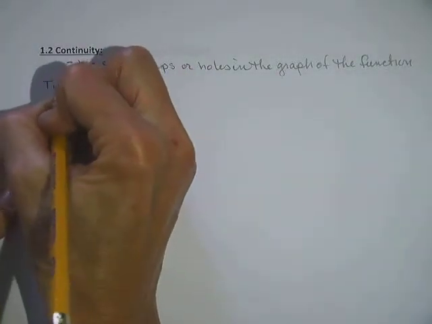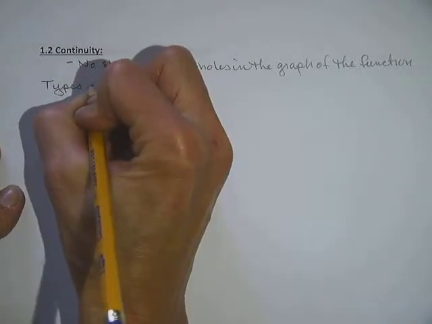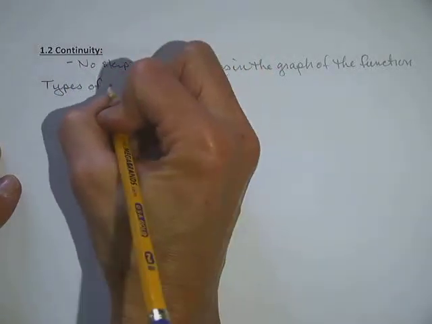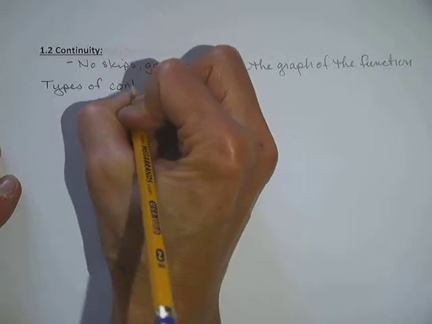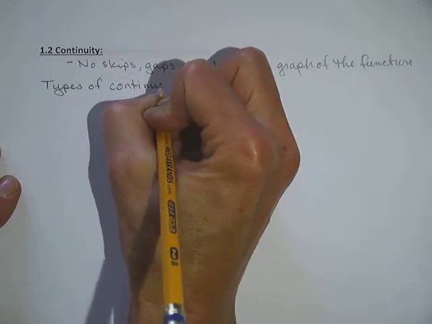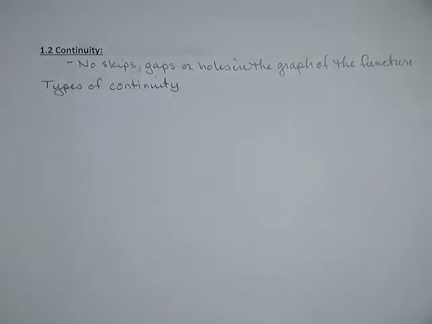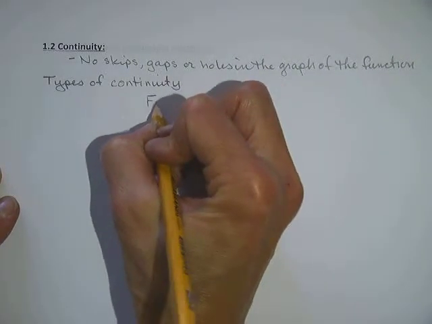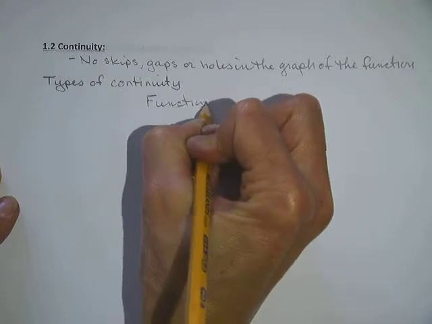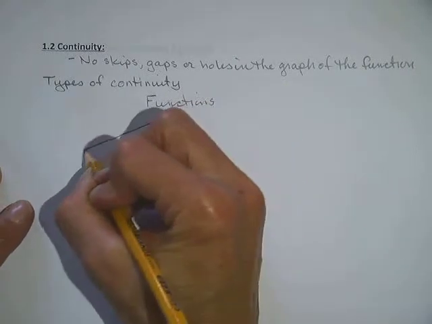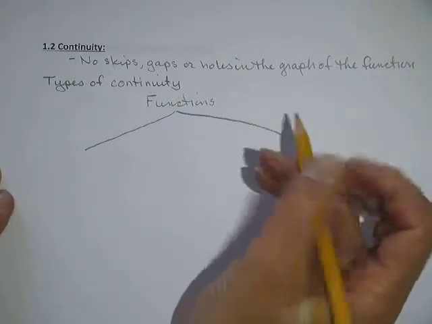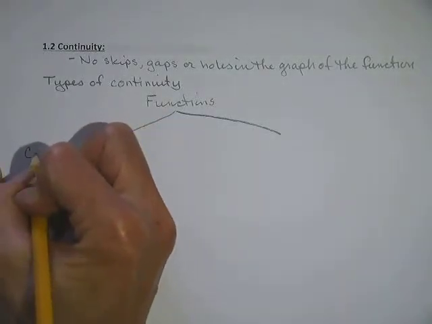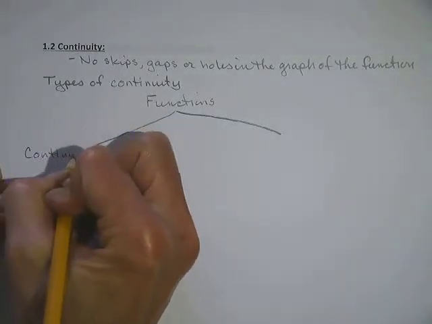Okay? There are different types of continuity. Okay, I'm going to draw like a little diagram, and that might help you out a little bit. Okay? All right, let's start with functions. Functions are separated into two different categories.